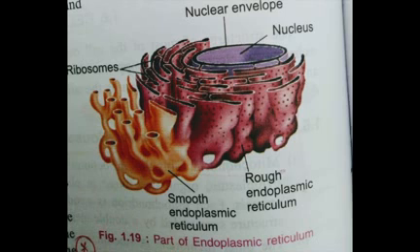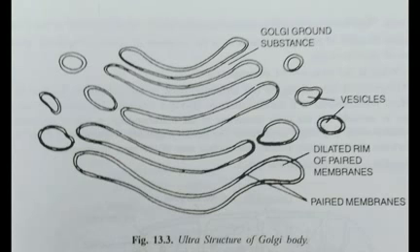Next we will go to the next cell organelle, that is the Golgi apparatus. The Golgi apparatus is also known as Golgi body or Golgi complex. It consists of a set of smooth, flattened, membranous sac-like structures called cristae.